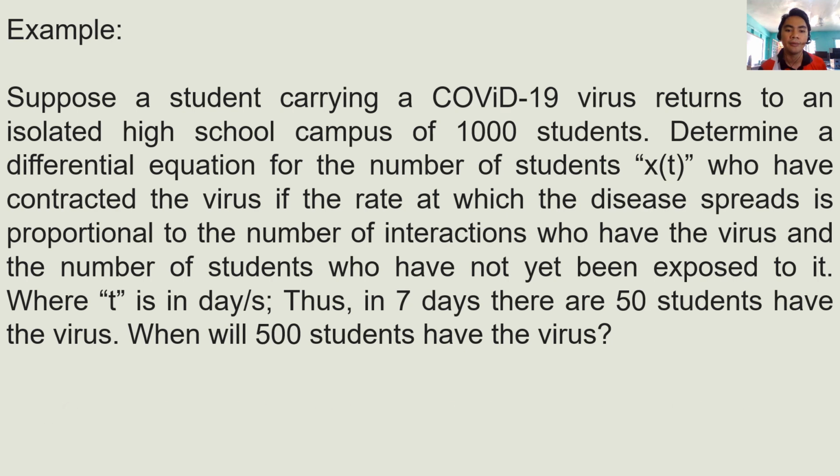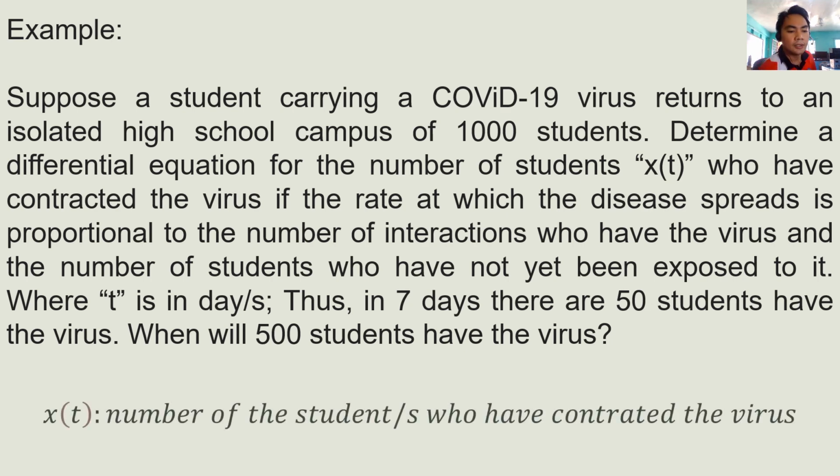That's the question now. So by this, we're having x of t as the number of students who have contracted the said virus, since it is given in here, determine the number of students, x of t.